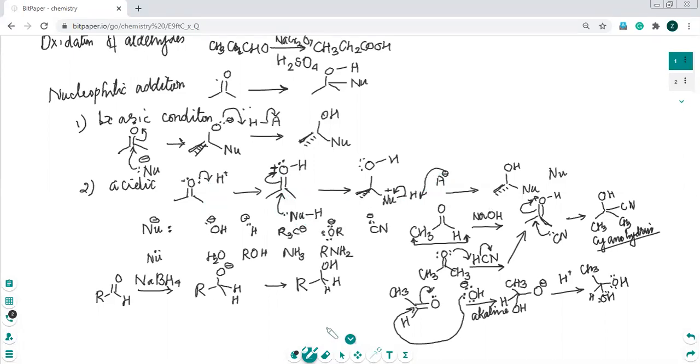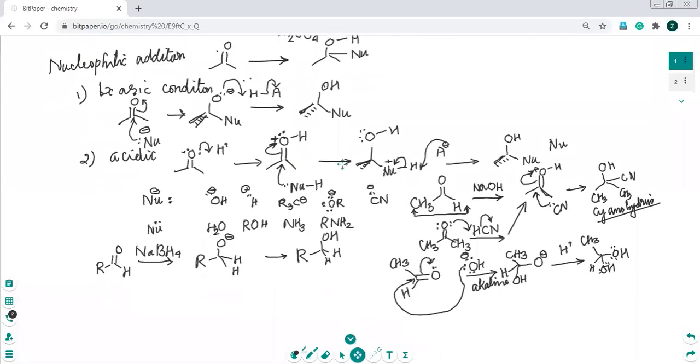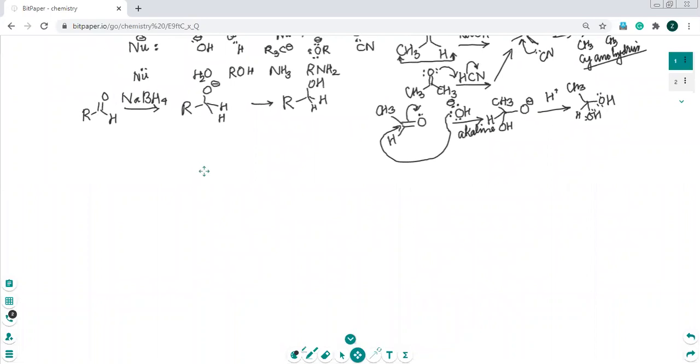Now let us see what happens in reality when we add different reagents which follow this mechanism. See, for example, reduction reaction.